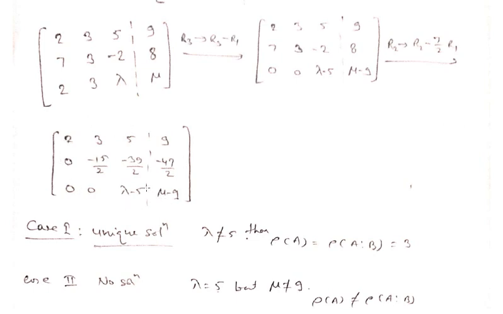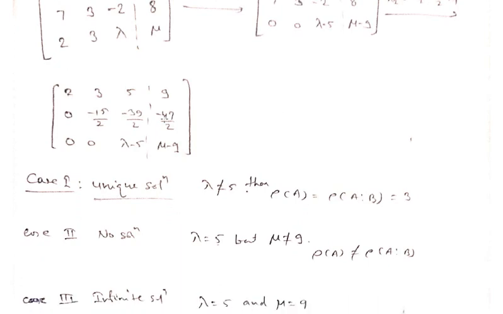So the condition depends only on lambda, which decides the rank of the coefficient matrix as well as the rank of the augmented matrix. So in the case of a unique solution, whatever value of mu is acceptable but lambda is not equal to 5. In that case the rank of A and the rank of the augmented matrix will both be 3 and a unique solution will exist.